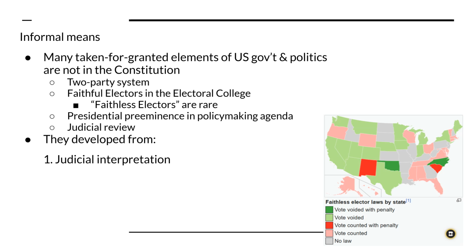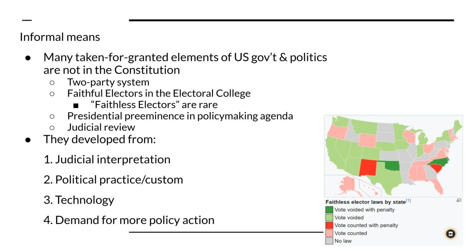We won't get through all of them today because I'm going to want to leave you at least a few minutes to work on your diagrams from yesterday. But judicial interpretation is one way. Political practice or custom, you could also just call it tradition. Technological changes. And finally, simply more demand for a more active government.